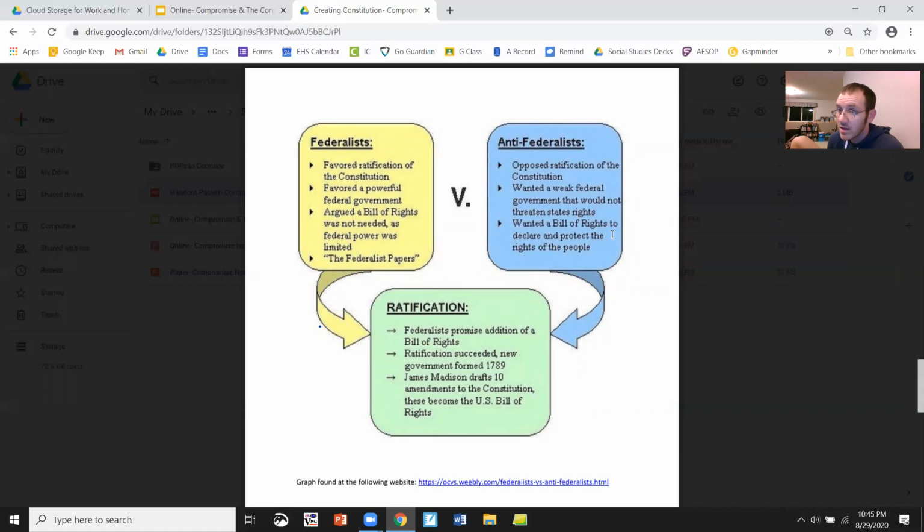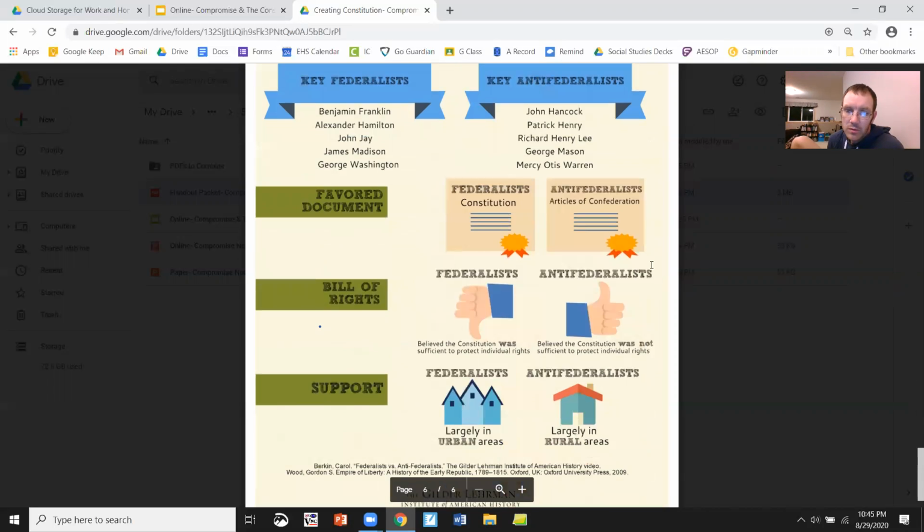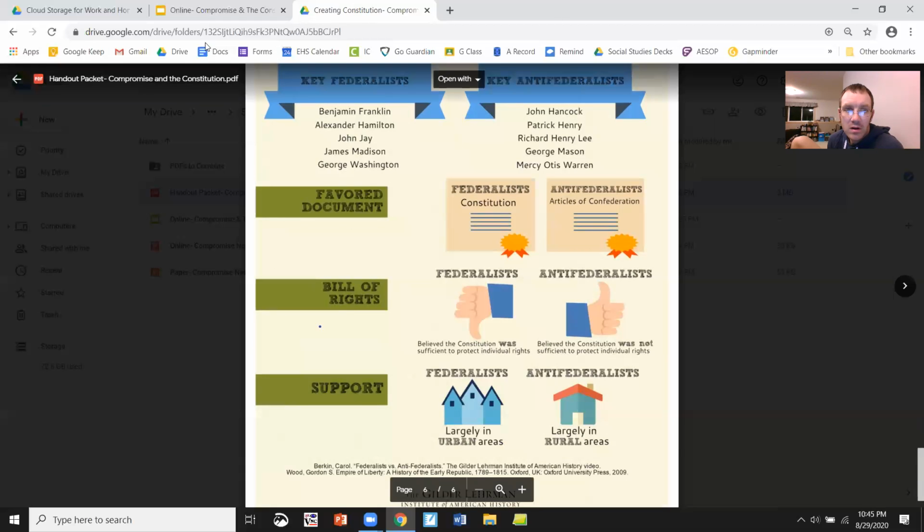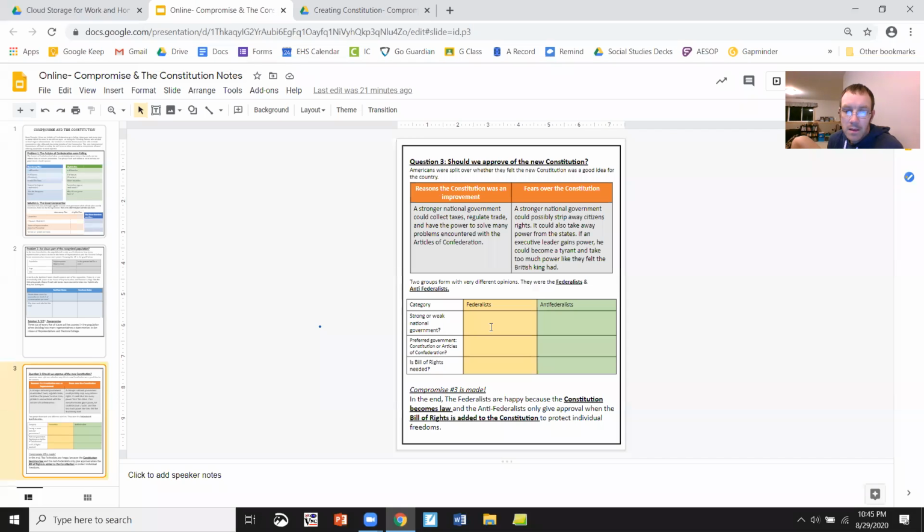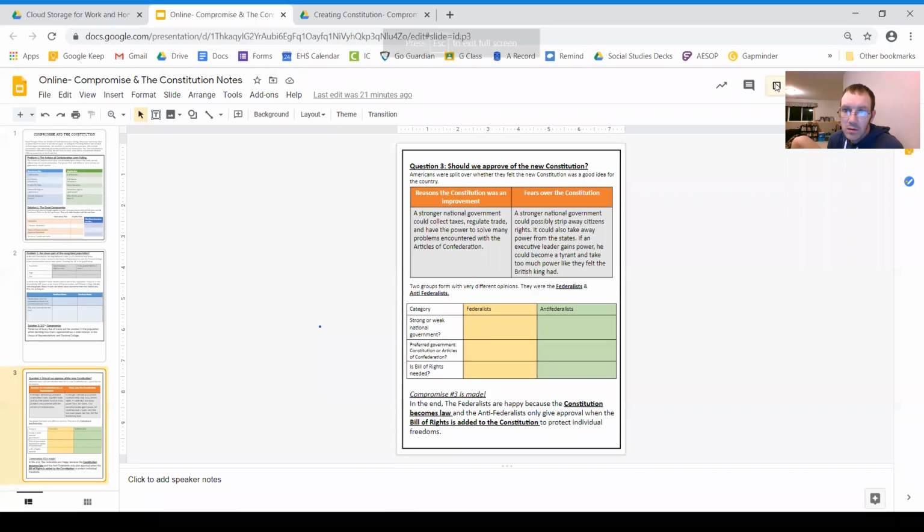So they say, hey, if we're going to make this government, we have a specific list of all the rights that we have. So when we go down, they're more in support of the Articles of Confederation. They believe that the Constitution needs a Bill of Rights, and we see more people in rural areas are agreeing with this. So that's what we see for both sides.